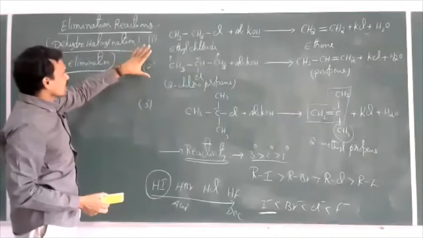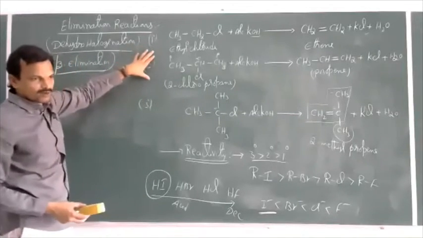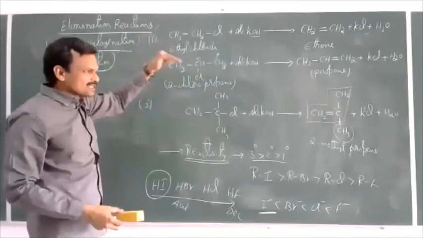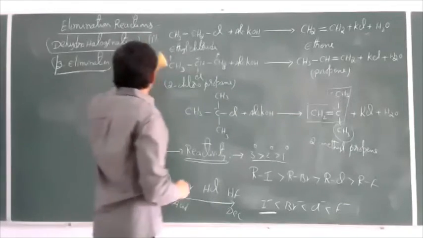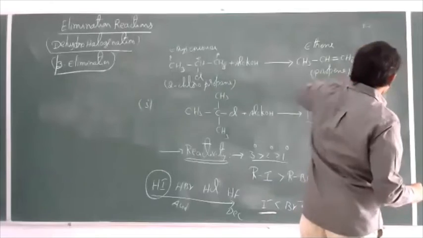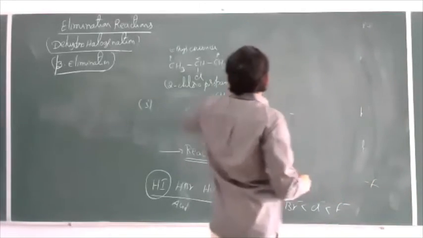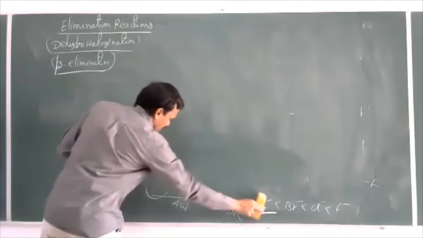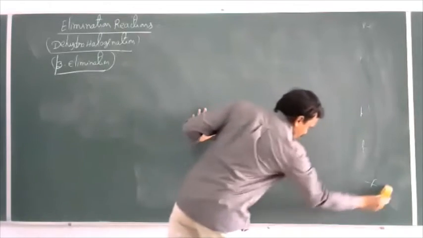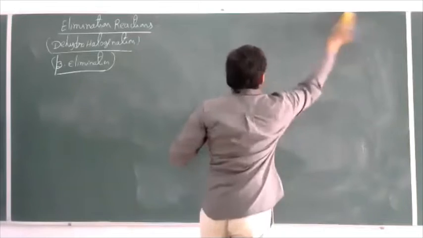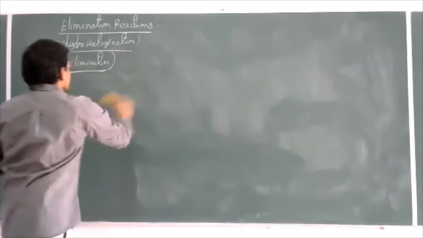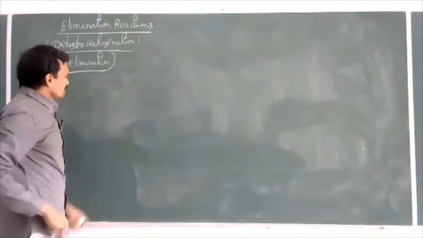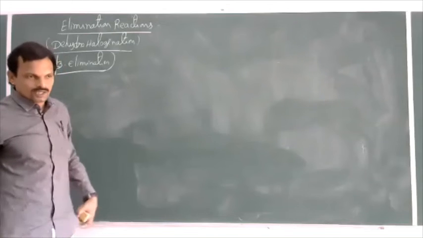This is dehydrohalogenation of symmetrical haloalkanes. Then what about unsymmetrical haloalkanes? Let us see now. A symmetrical haloalkane on dehydrohalogenation gives only one product, whereas if the haloalkane is unsymmetrical, then there are two or more possibilities.